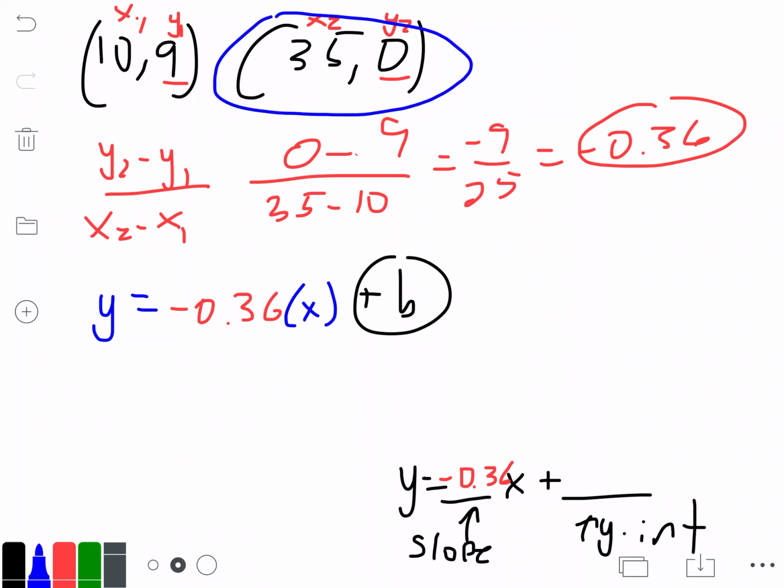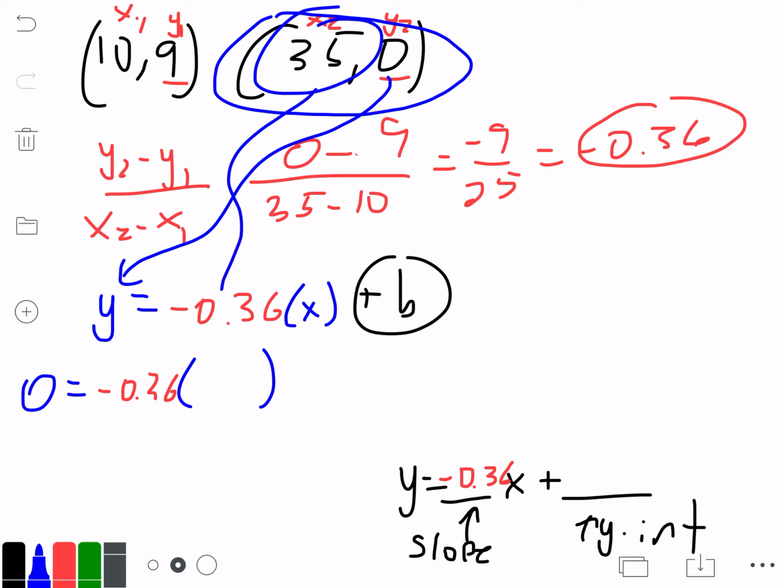I'm going to use 35 and 0. So our y is 0, negative 0.36, and our x is 35, plus b. You should remember doing this from earlier in the year. Now we just have to solve for b.